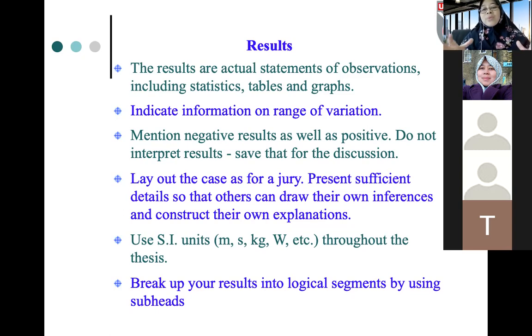But in the end, when you plot a graph, then you have the trend, and it seems that the trend is weird. So what do you do? Now this is practical. So what do you do? Any suggestion?